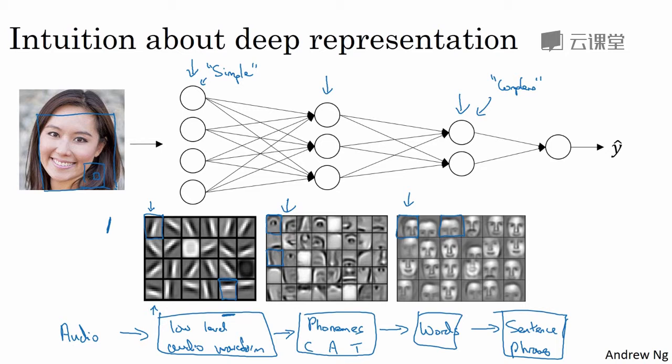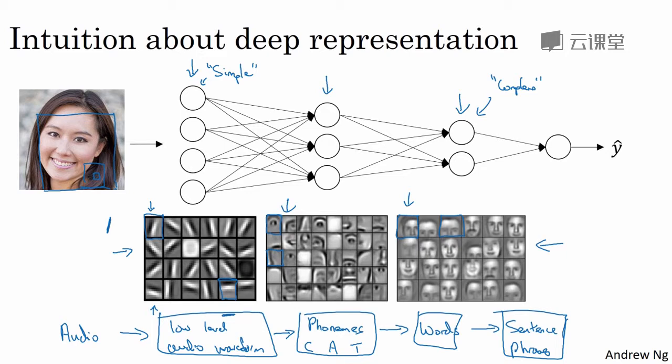Some people like to make an analogy between deep neural networks and the human brain, where we believe, or neuroscientists believe, that the human brain also starts off detecting simple things like edges in what your eyes see, and then builds those up to detect more complex things like the faces that you see.